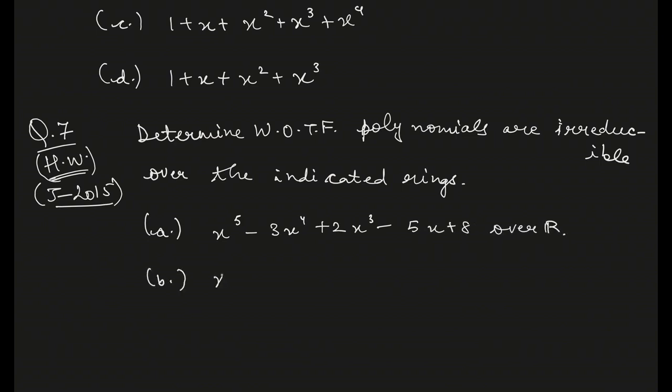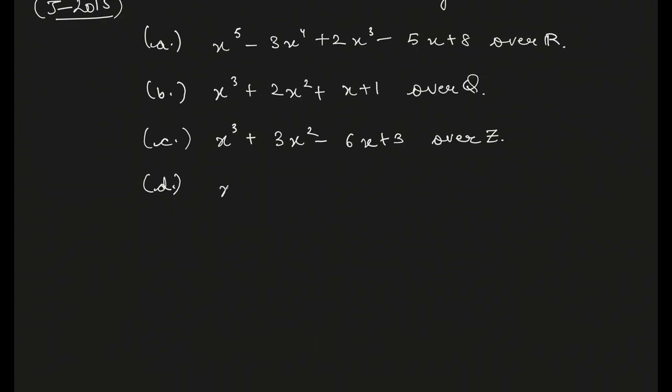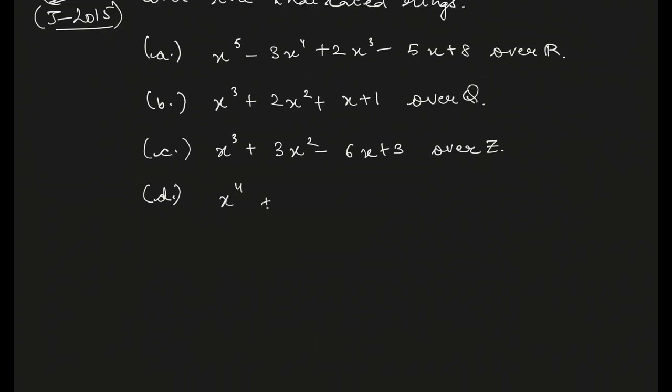Option B: x cubed plus 2x squared plus x plus 1 over rationals. Option C: x cubed plus 3x squared minus 6x plus 3 over integers. Option D: x to the power 4 plus x squared plus 1 over Z by 2Z.